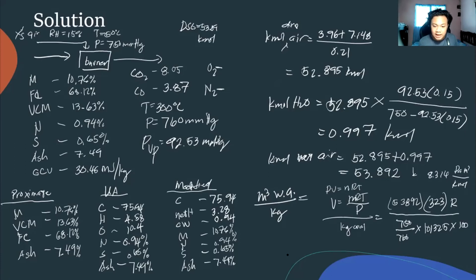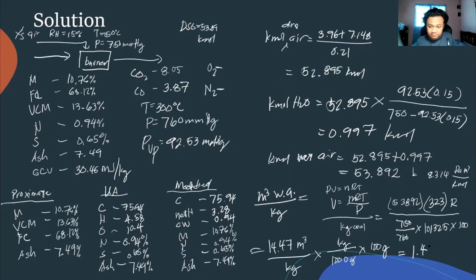And then you will have 14.47 M3 wet air per kilogram of coal, di ba? But we'll have to transform that and then multiply that by 100 grams of coal. So just converting, then multiplying it by 100. Then the answer will be 1.45. Okay? That's 1.45 cubic meter of air. Okay, so that's the answer.